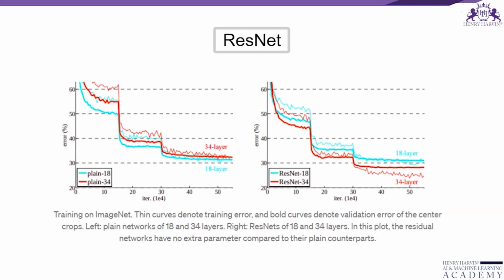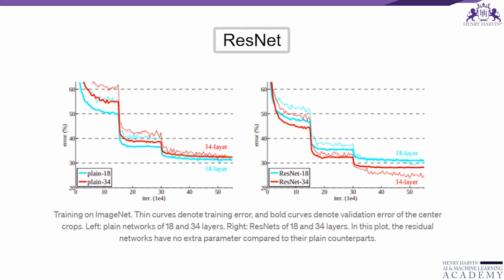AlexNet works this way, VGGNet is a little double the size of that, but ResNet is actually many times the size of VGG when we have 152 layers.